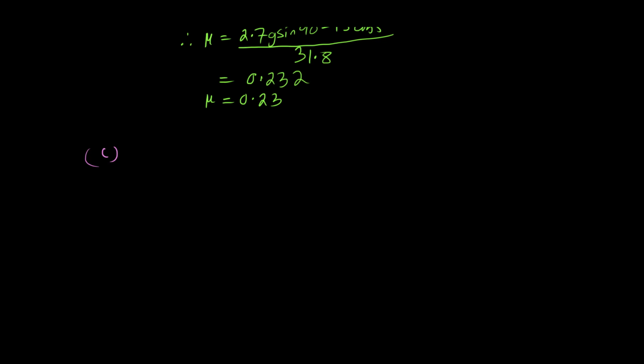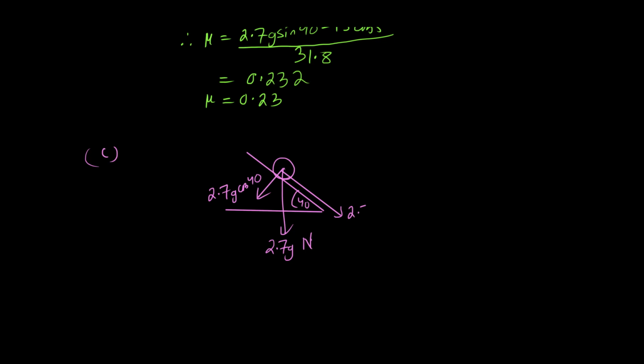Here we have the inclined plane and this is 40°. This is 2.7 g Newton. If you take normal to the plane and along the plane, this is going to be 2.7 g cos 40, and this would be 2.7 g sine 40.